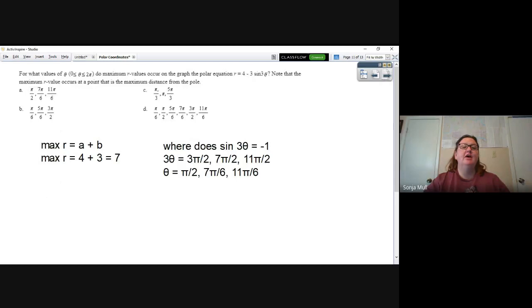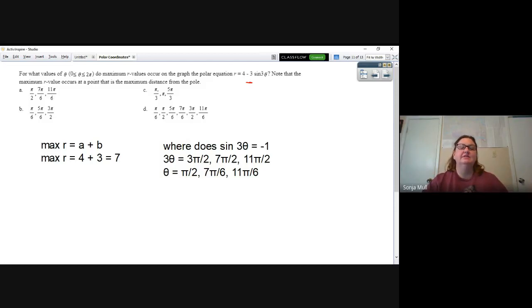Okay, next. For what values of theta between 0 and 2 pi do maximum r values occur on this graph? Okay, so when I look at this, max r, and again, I got this from my notes, is a plus b, where a and b are positive numbers. So I'm not going to use this -3 here. I'm just going to use 3.